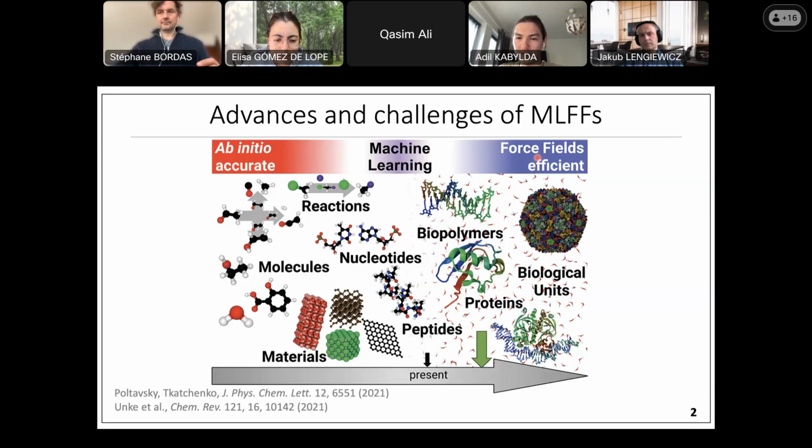And so what people do is they generate some structures with a very inexpensive semi-empirical method, so that you sample all different conformations, then you select some of the most important conformations and do really high accuracy quantum chemistry calculations for that, and then you learn on top of this.